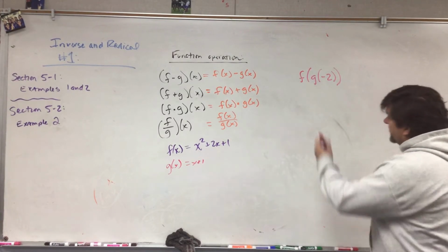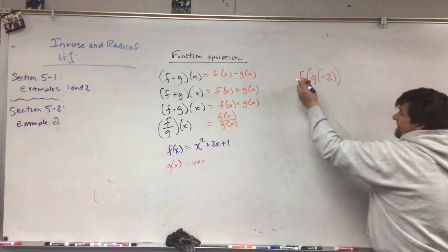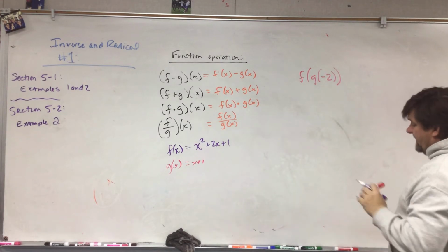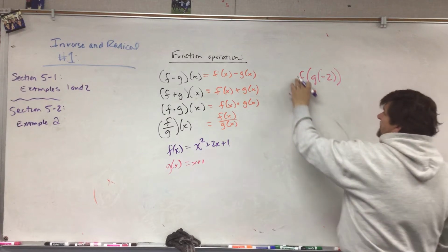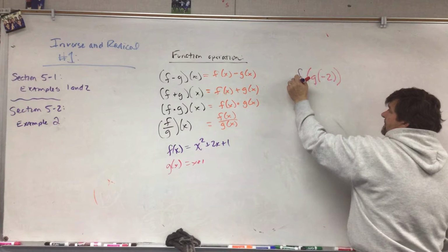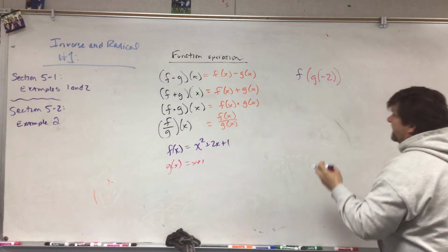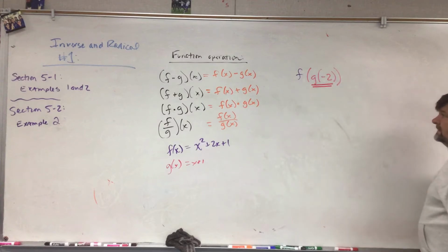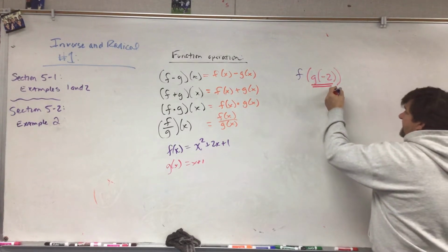So let's look at this here. F of g of negative 2. So I'm going to change some colors on you. We know that f right now is purple, so we're going to put purple there. And we also know that red is g.